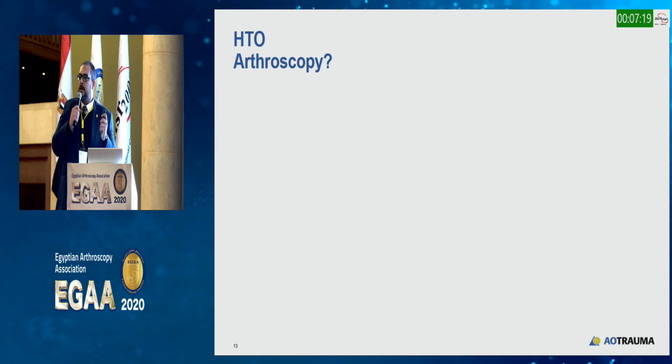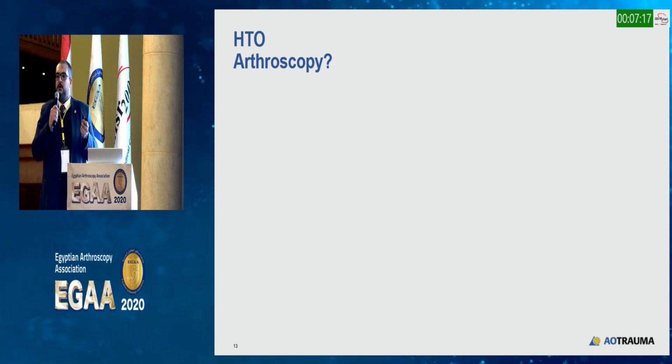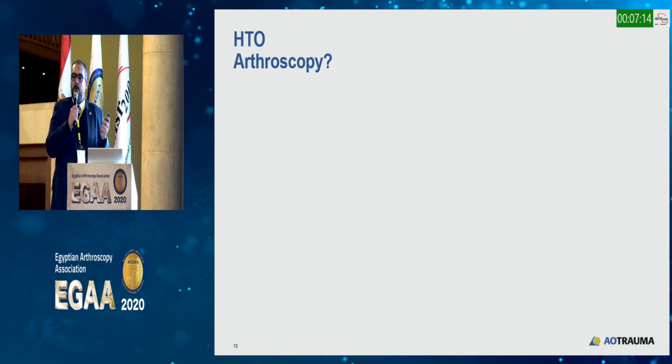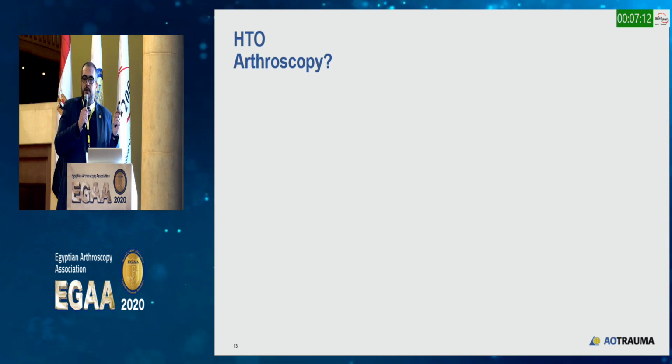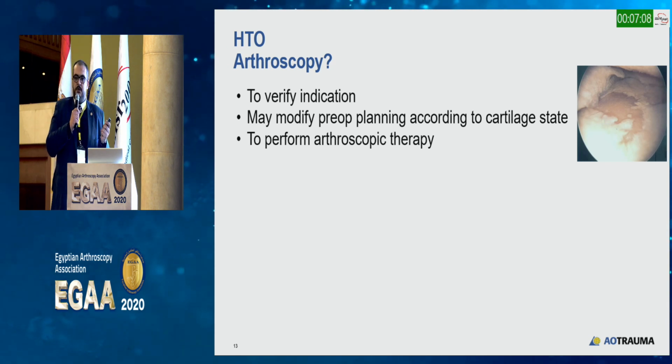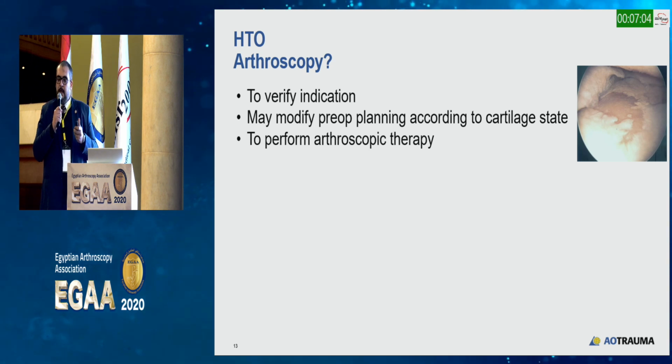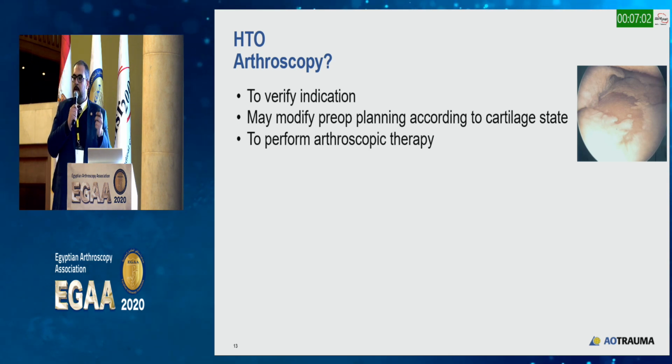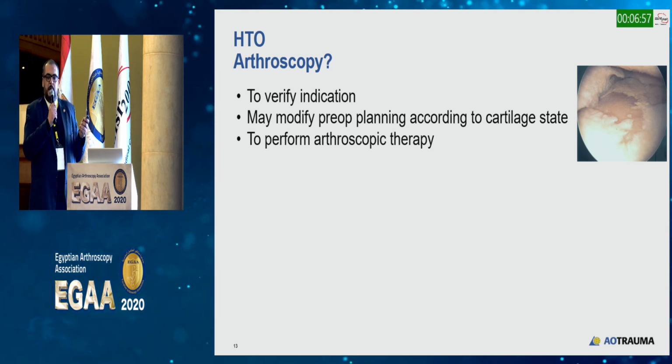So why do we speak about high tibial osteotomy in an arthroscopy conference? Because of this slide: you need to do an arthroscopy before high tibial osteotomy. The arthroscopy verifies our indications, may modify preoperative planning, and allows intraoperative concomitant arthroscopic surgery, which is usually needed.